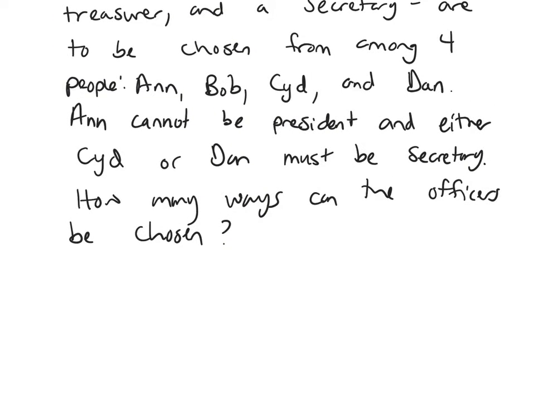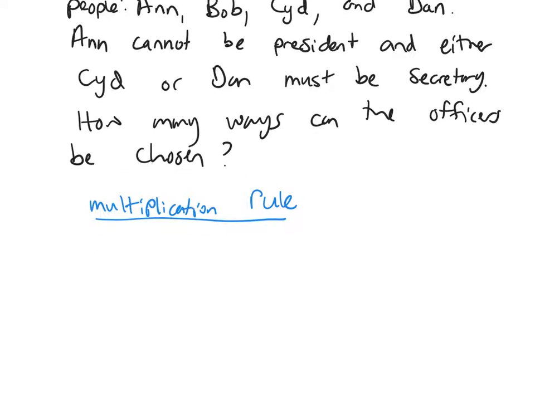Ideally, what we want to use here is the multiplication rule. So let's think about it. Here's a position for the president, here's the position for treasurer, and here's the position for secretary.